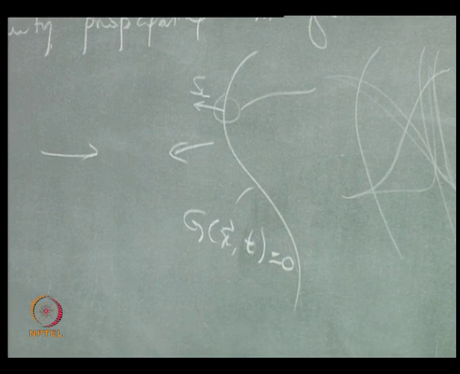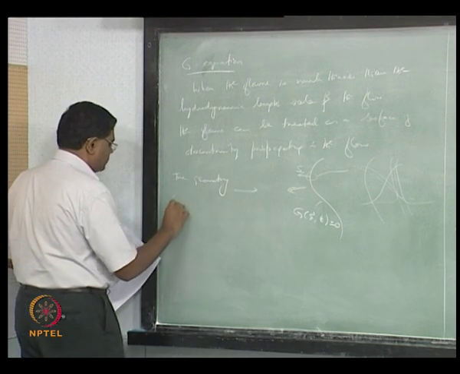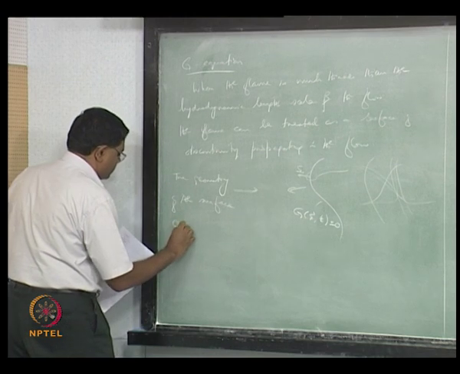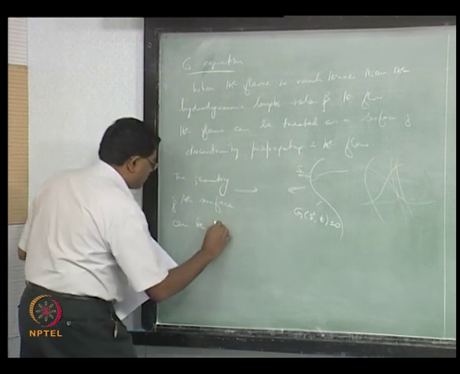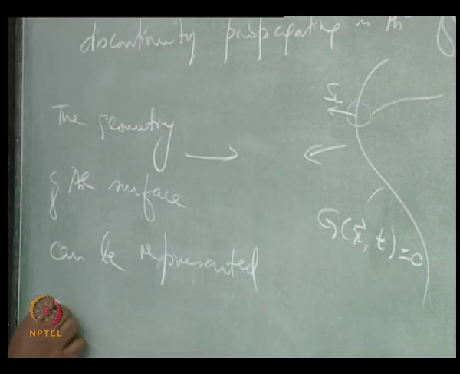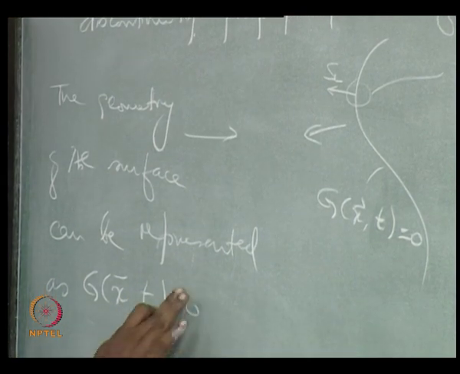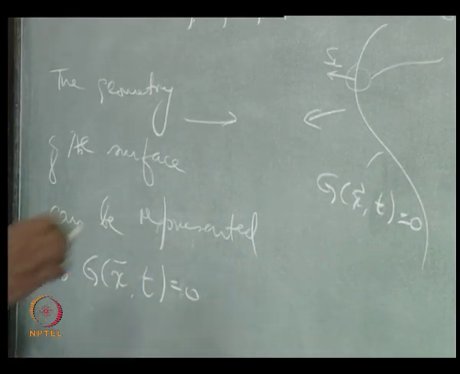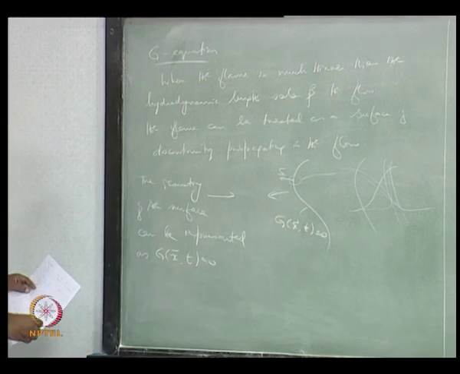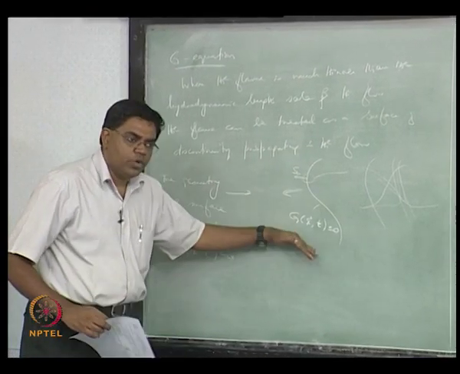So the geometry of the surface can be represented as g of x vector comma t equal to 0, x vector referring to the position vector for that particular position there.